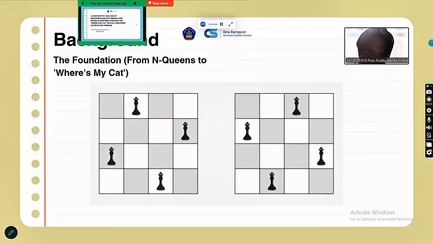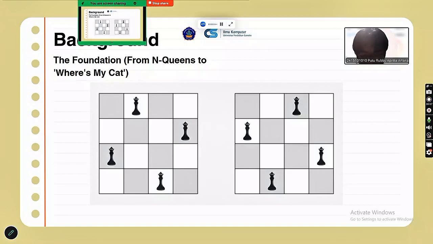Okay, so first I will explain about the n-queens problem because this problem is the foundation of my paper. So I will explain a little bit about this problem. This n-queens problem uses queens in chess. As we know, the queen in chess moves along the row, column, and diagonal, so vertical, horizontal, and diagonal.